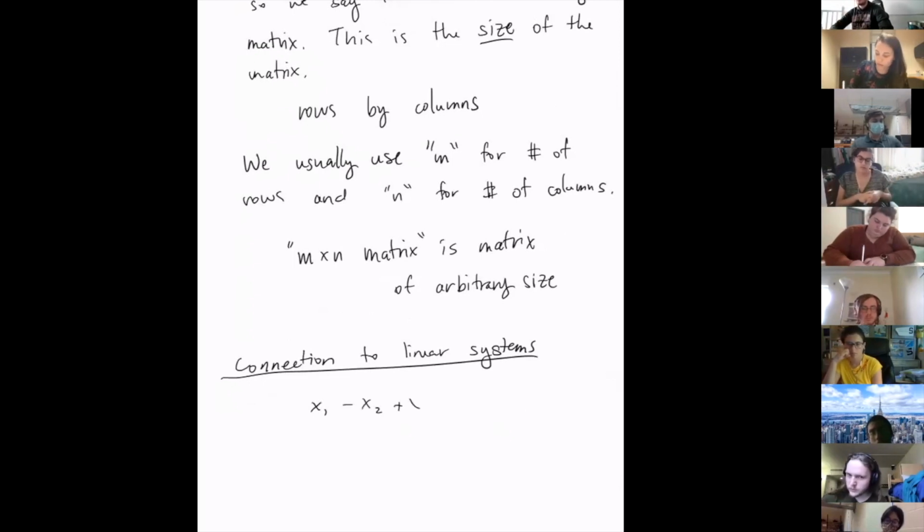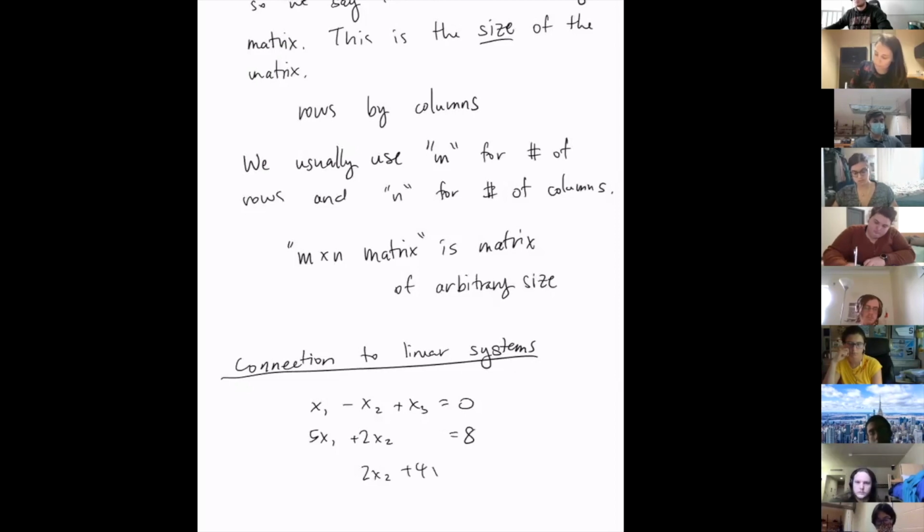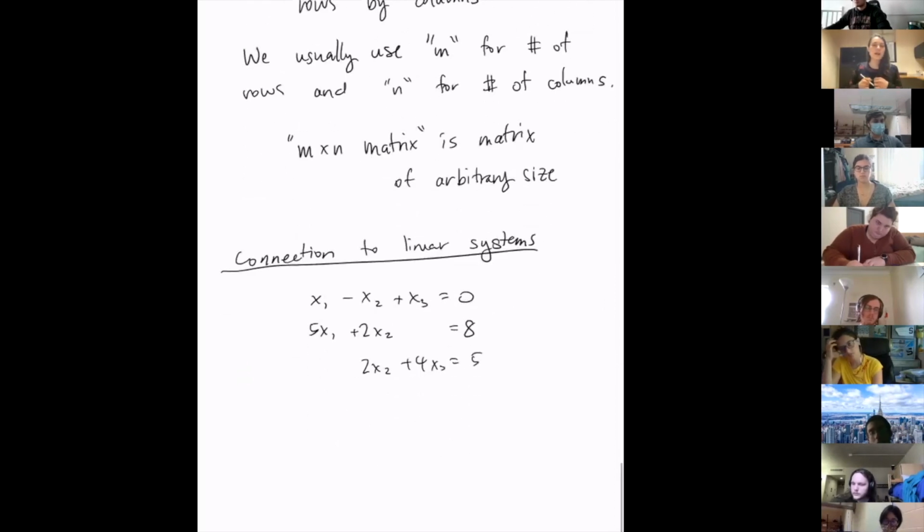Well, I guess maybe I shouldn't call it that. The system here, 5x1, 2x2 equals 8, there we go, this one. There are 2 associated matrices with this linear system.